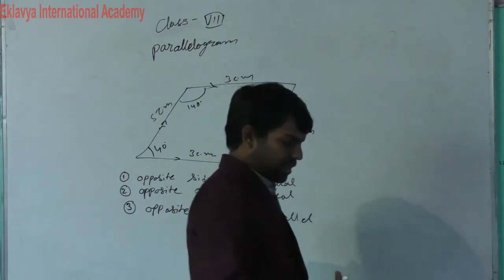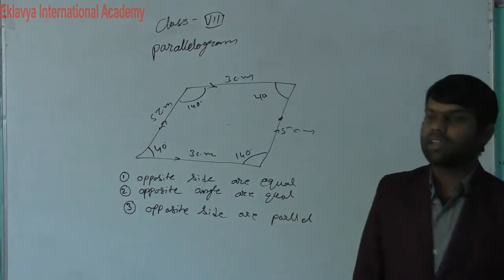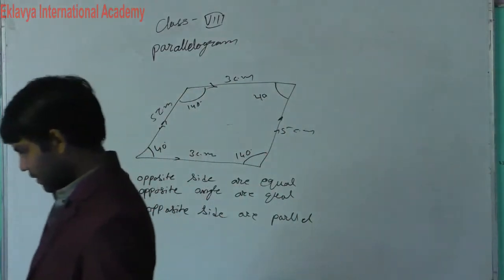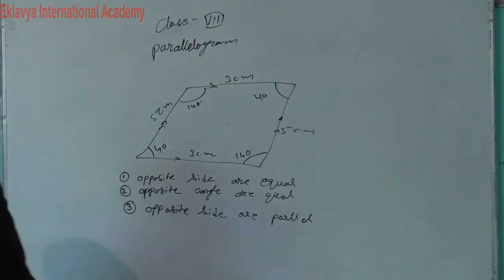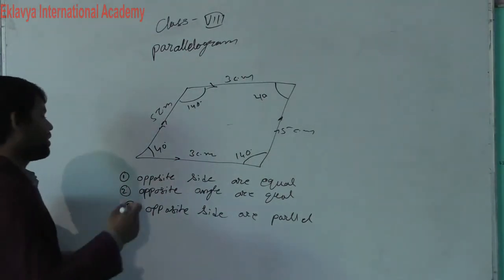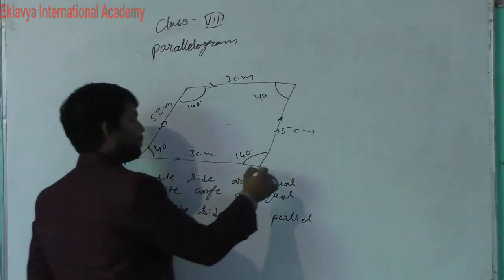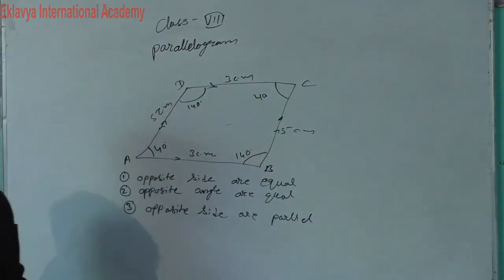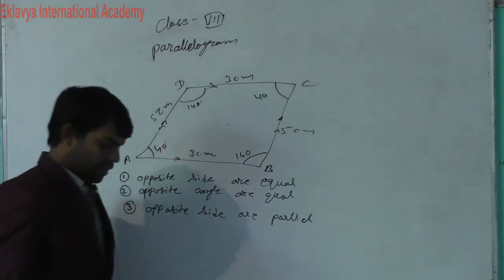So we will say here opposite sides are parallel. Here the line segments are A, B, C, D. These are the 4 line segments.